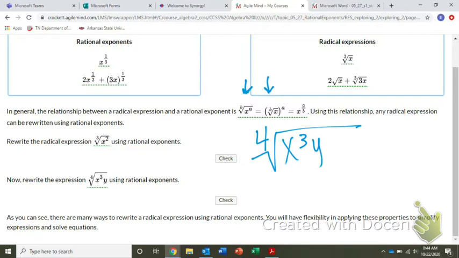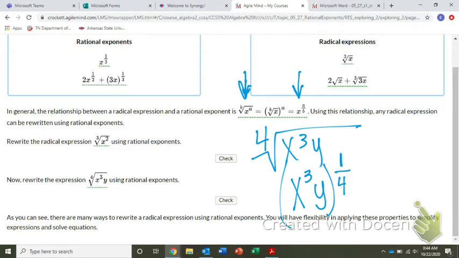So let's just go from here to here. We have an x to the 3 and a y, and all that is to the 1/4.